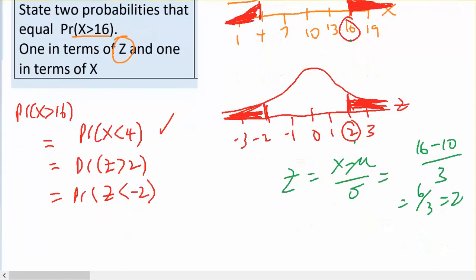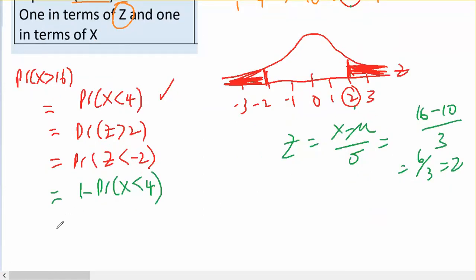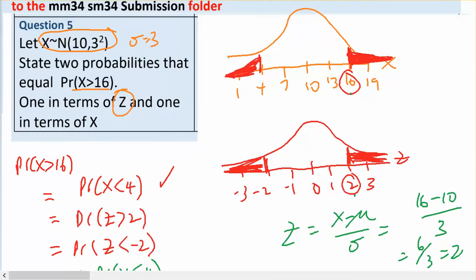So what are the other ones that you could write? You could write 1 minus the probability that x is less than 4. 1 minus the probability that x is bigger, so not less than 4, less than 16.